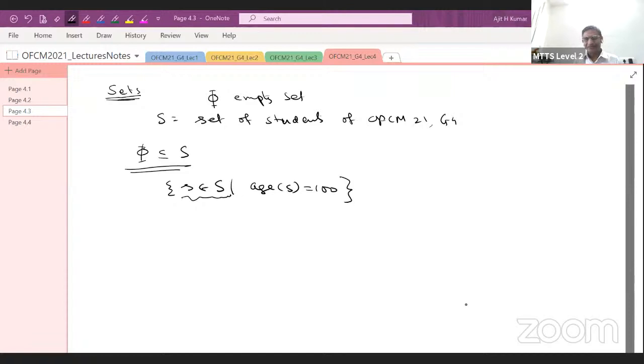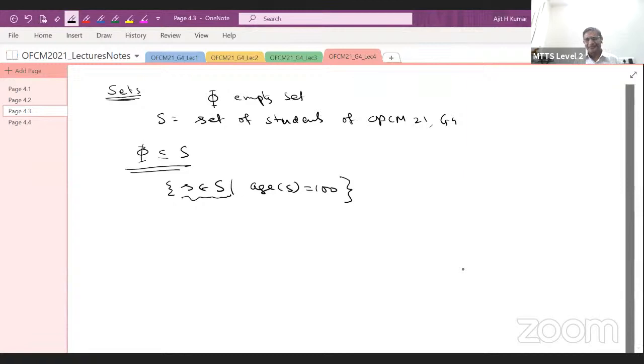I'm not going to ask what is your example. Instead of age 100, I will say all those students having 20 legs. Or all those students having 200 teeth. All those students who have a PhD degree. Anything I can say.